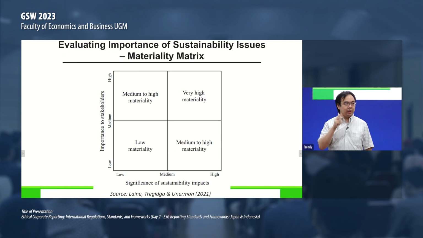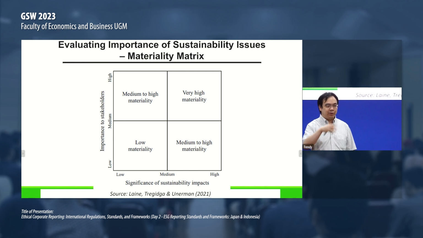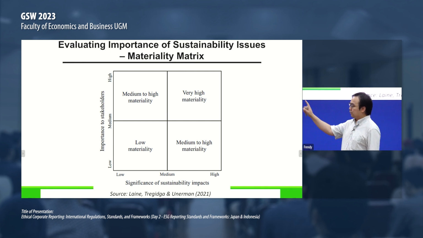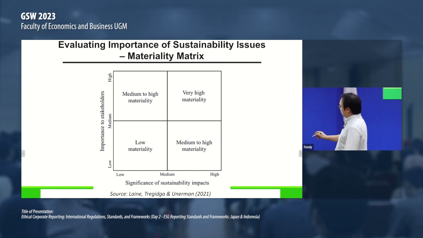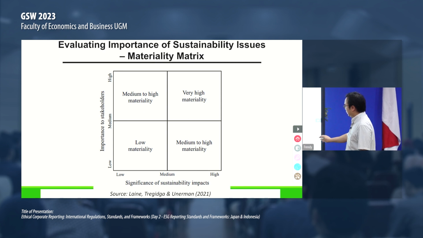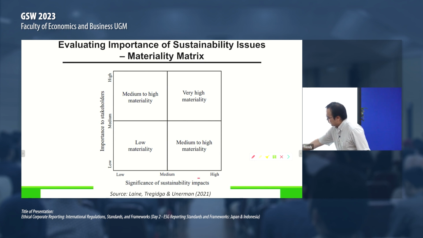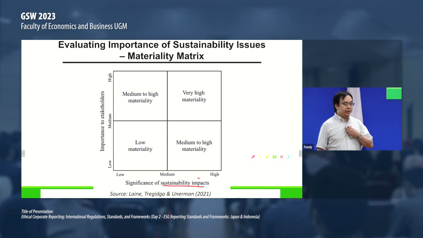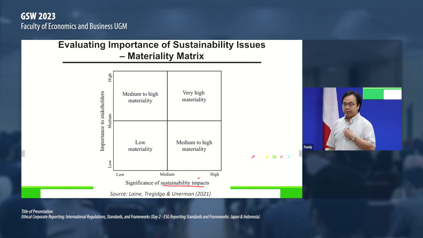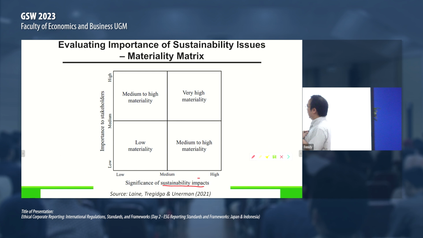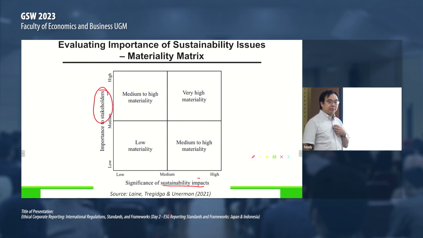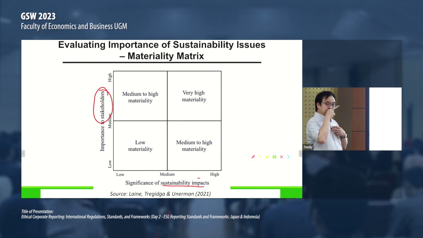In sustainability reporting, the materiality concept is expressed through this matrix, these 4 boxes. Okay? So this is just one example of this matrix. The materiality is measured using 2 dimensions, the impacts and then relevance to stakeholders. Okay?